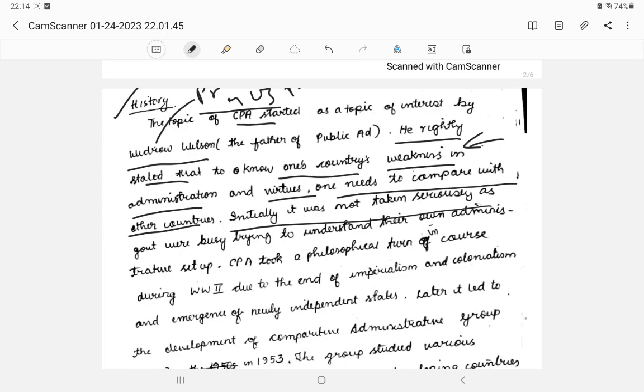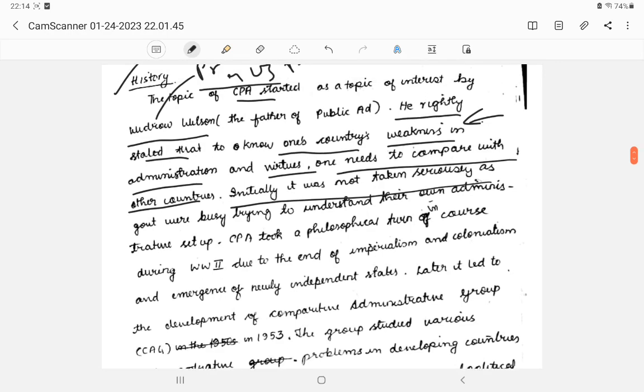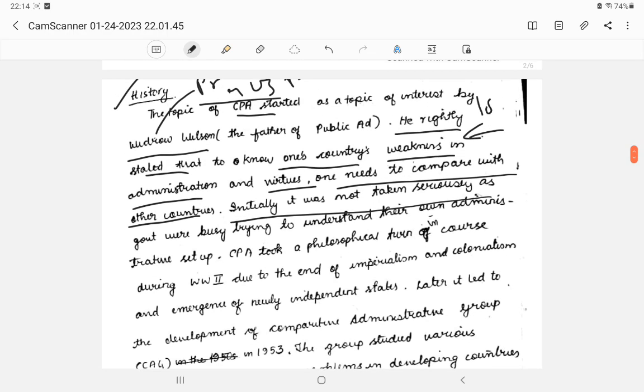So initially it was not taken seriously. At that time, in the 1800s, most countries had their own administrative setup, and democracy was not widespread; there were kings, monarchs, etc. So there was little interest then.